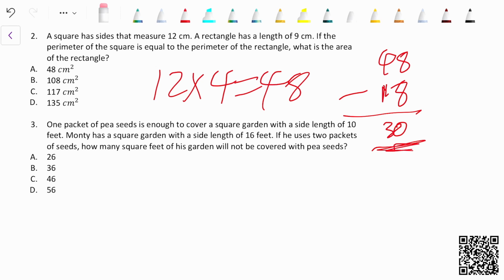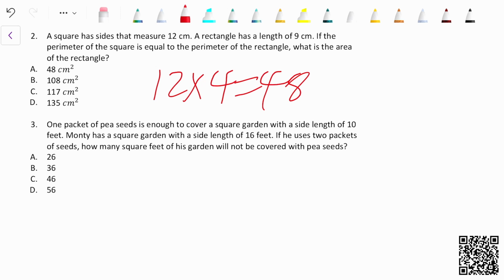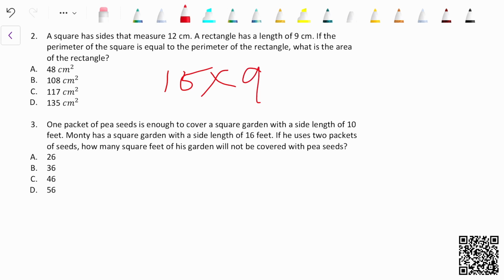And since there are 2 widths, because opposite sides are equal, 30 divided by 2 would equal what the width is, which is 15. And now that we know what the width is, we can just do 15 multiplied by 9 to get our area.